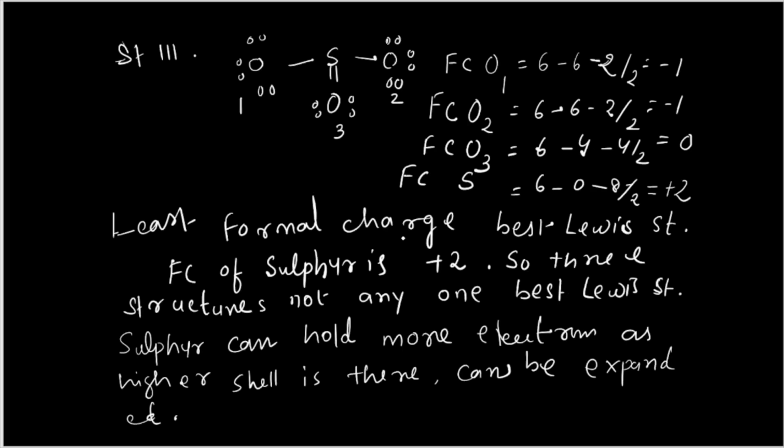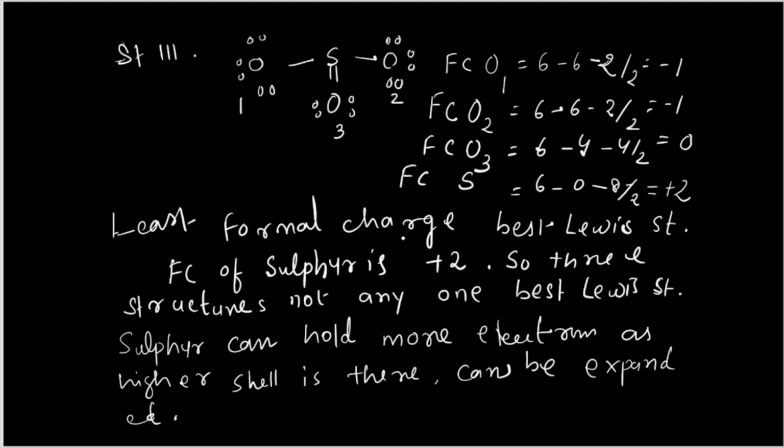Then come to structure 3, where you will see oxygen 3 will move, the electron will move towards sulfur. And oxygen 1 and 2 remain as they are. The formal charge of oxygen 1 is minus 1, because here you can observe a bonding electron only, that is 1 bond, so 2; valence electron is 6, non-bonding electron is also 6.